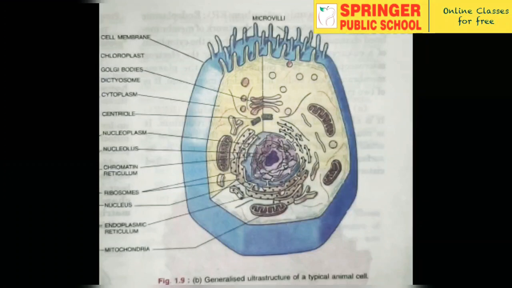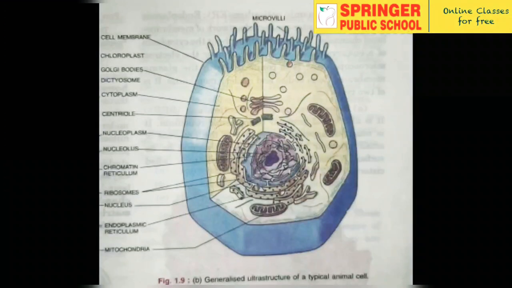You can see the diagram and understand how the animal cell looks, and the animal cell can change its shape and size accordingly, as you have seen in the differentiation topics.